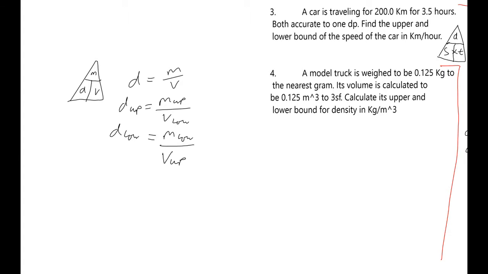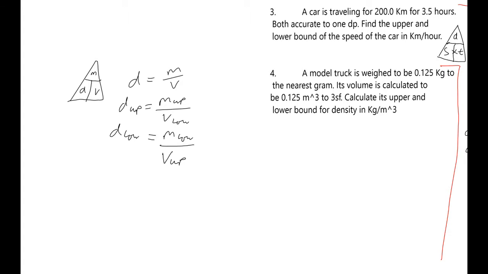Okay, so we need to have a look and see, well, how are we actually measuring these things? Okay, so 1.25 kilograms to the nearest gram. How many grams are there in a kilogram? There are 1,000. So we have rounded here. Okay? So our weight is going to be plus or minus half a gram.